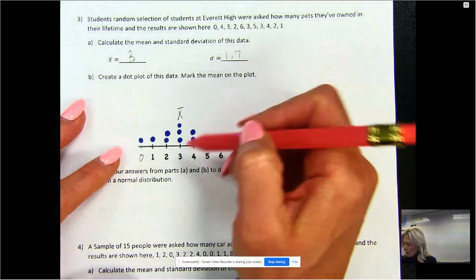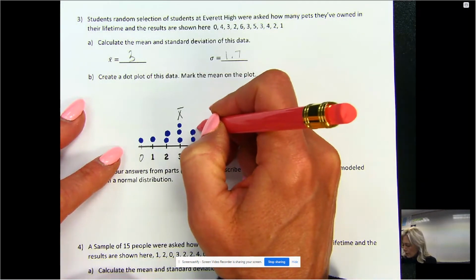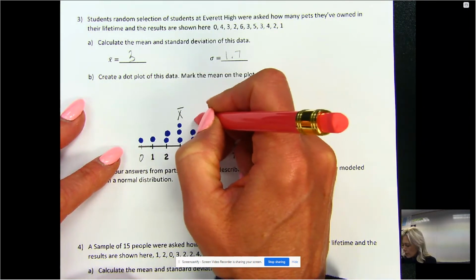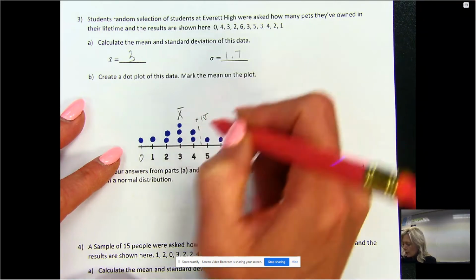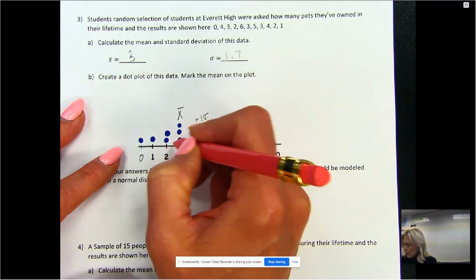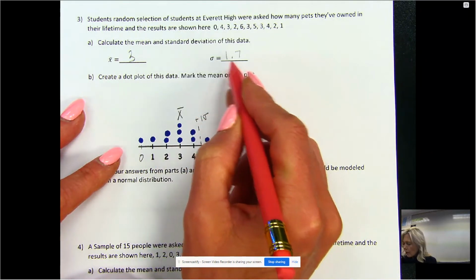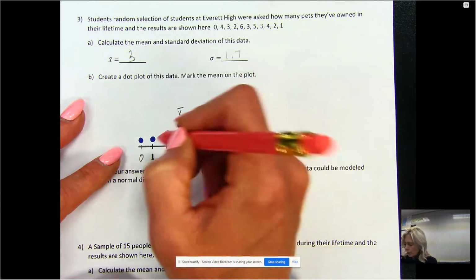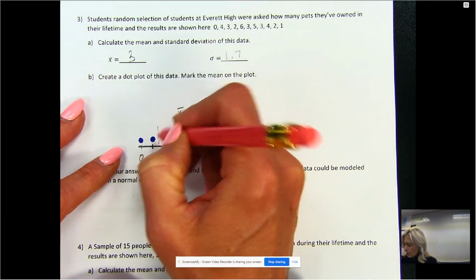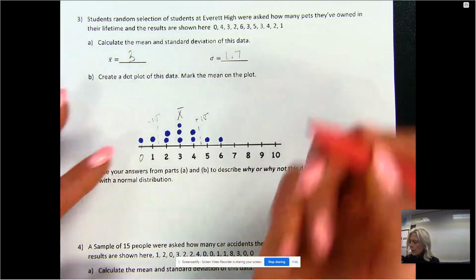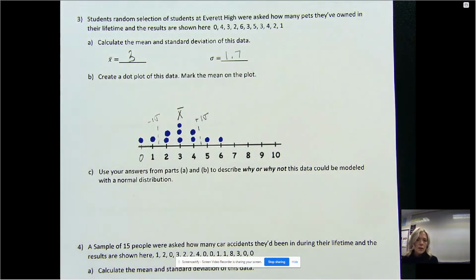So 1.7 above 3 is 4.7, so plus 1 standard deviation would be here. And then taking it away, 4 minus 1.7 is 1.3, so this would be minus 1 standard deviation. And it looks like a normal distribution would be a good model for this.